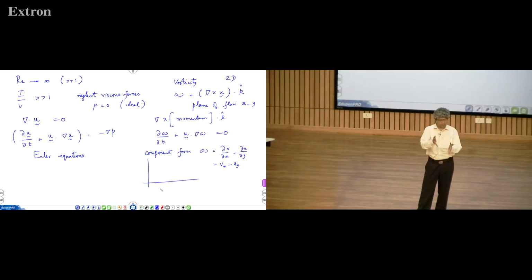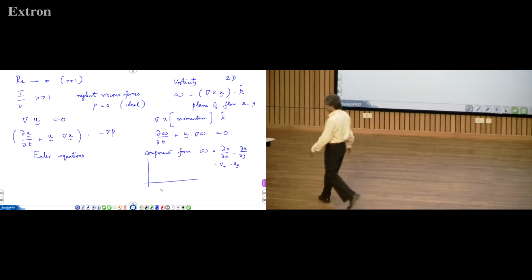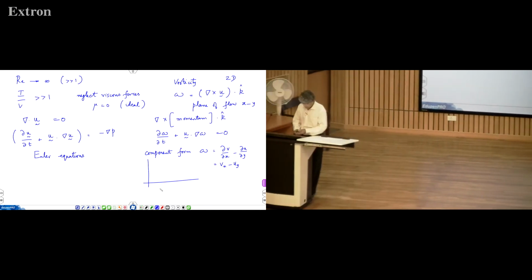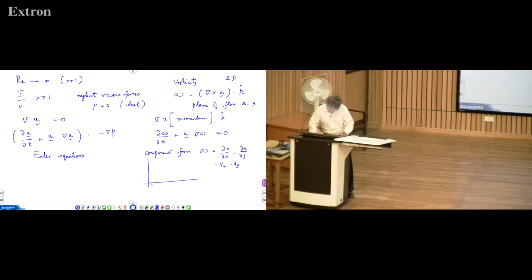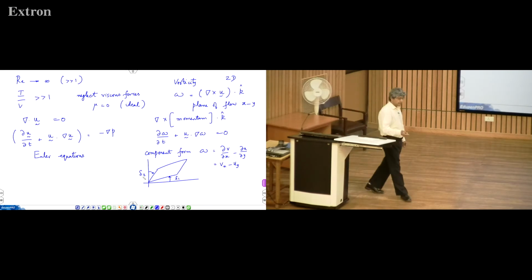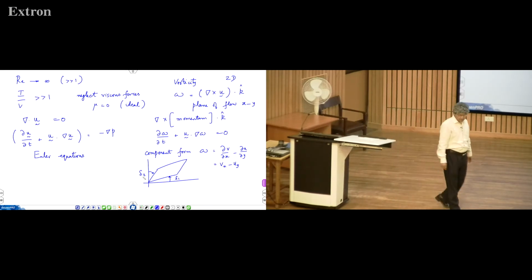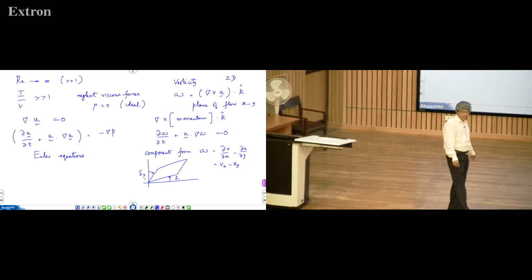It was deforming in both directions. There was some angle delta 1, delta 2. This was the deformation of a fluid element, this was angle delta 1, this was angle delta 2, and delta 1 plus delta 2 time derivative divided by 2 was the deformation rate of that element.